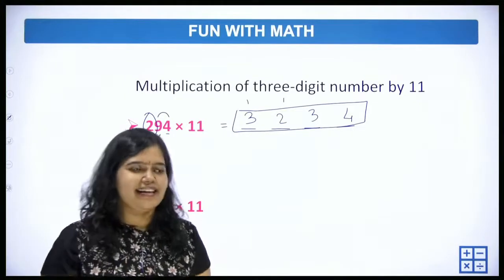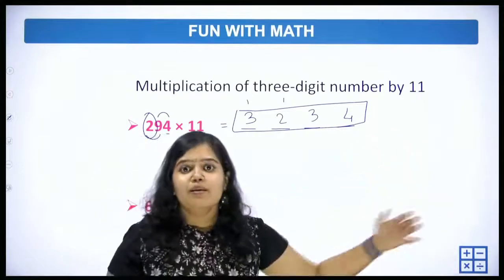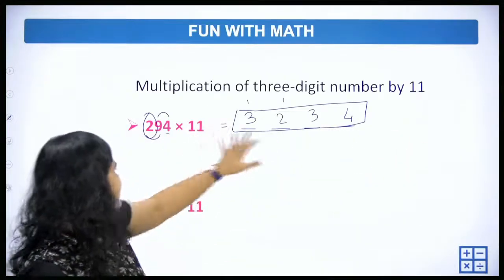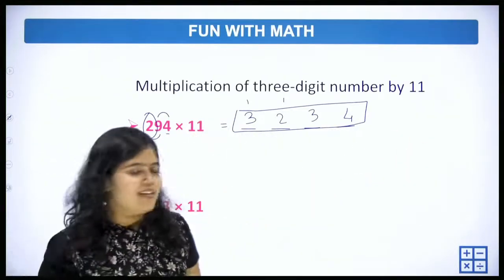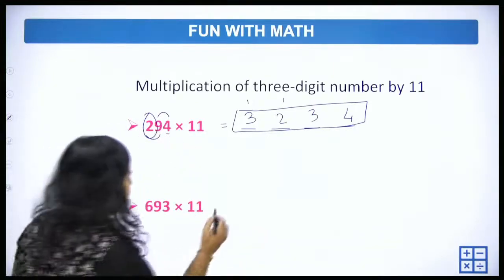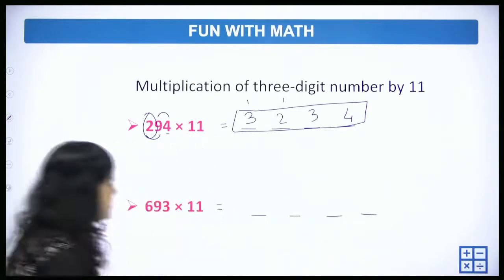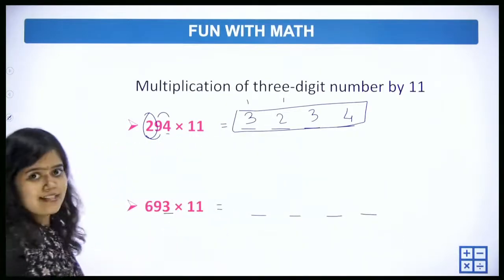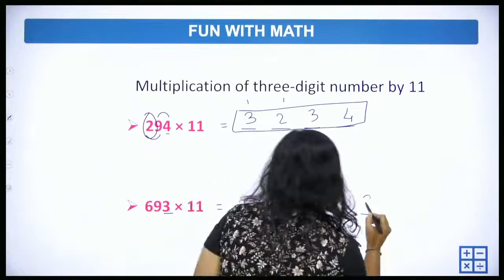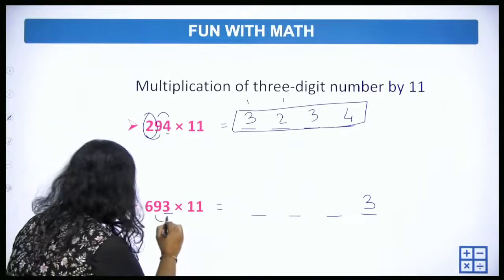So to get more clarity, let's solve one more question. You see, I did not do any long calculation, but I got the answer easily. Now let's do 693 into 11. Again we get 4 digits. The first digit is going to be the ones place. So it is 3. Now, what is the tens place? Good, you might have guessed already.